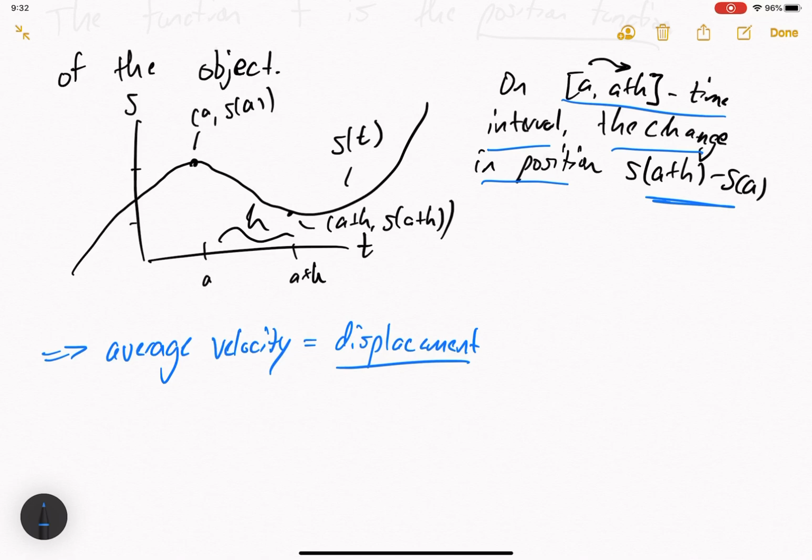It doesn't matter so much what you want to call it. This is going to equal f of a plus h minus f of a divided by h, if you want to keep the f notation. It's also equal to s of a plus h minus s of a, over h.